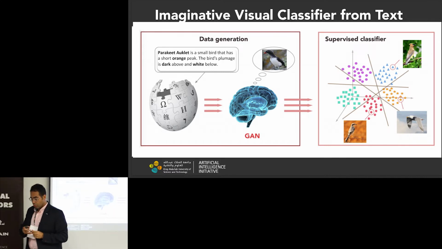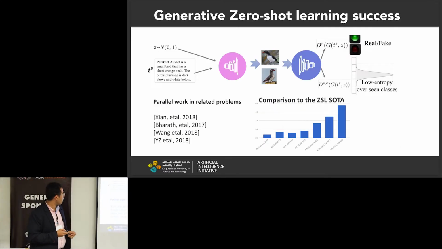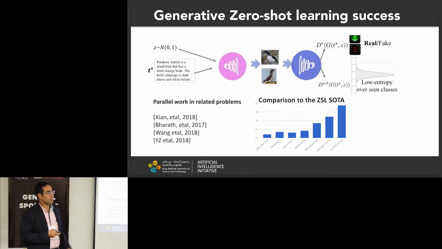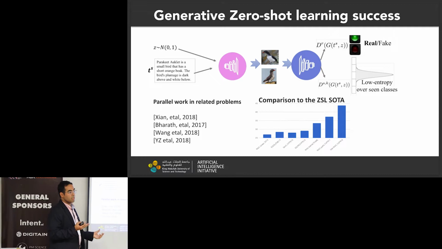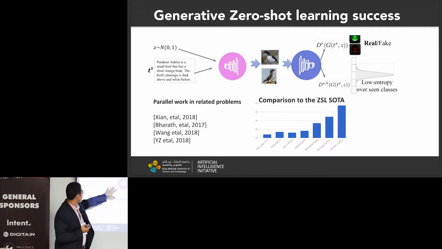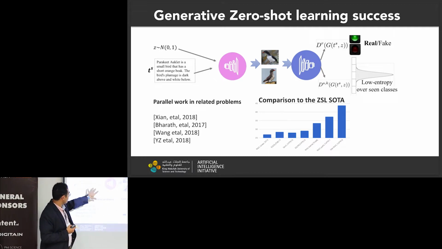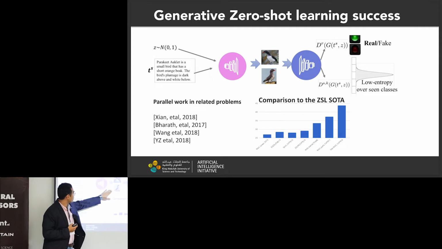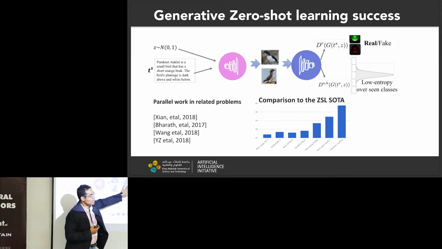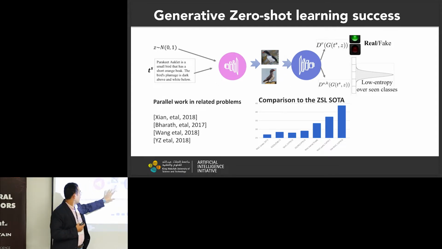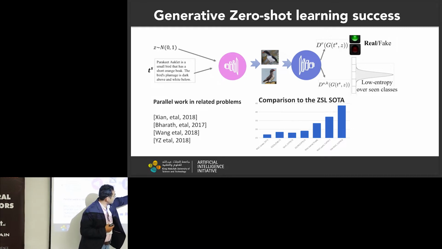All right, this relates to a paper we published back in 2018 in CVPR, which explicitly does this by having a GAN model that takes as input this language description and produces visual generations of the input class, and then it tried to trick the discriminator to believe that it's real, and at the same time predict the corresponding seen class.